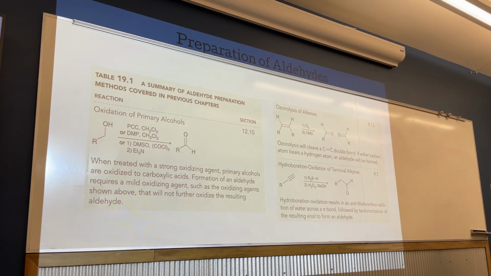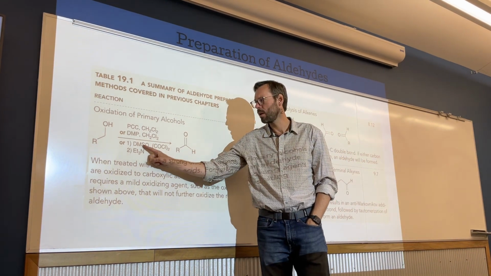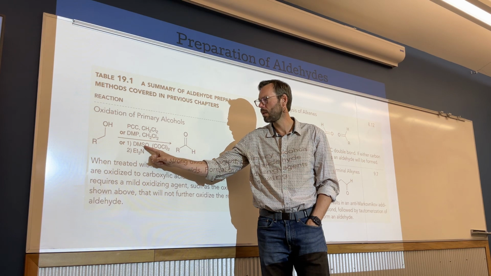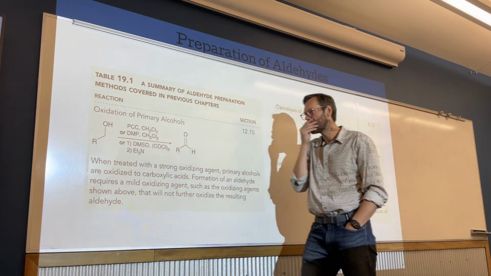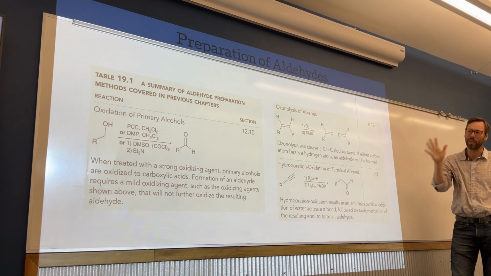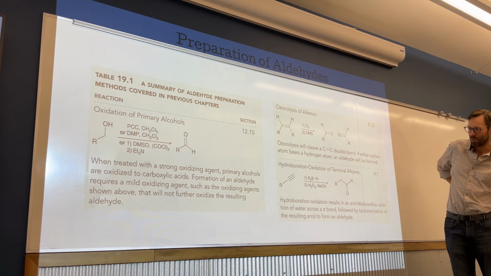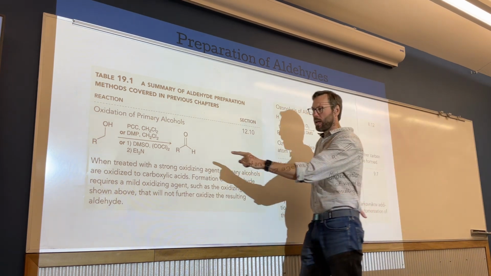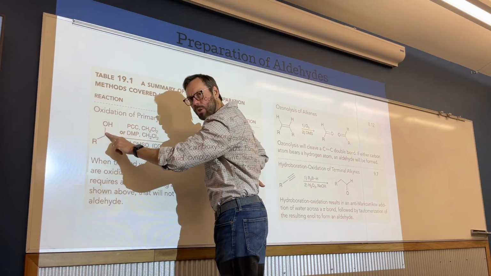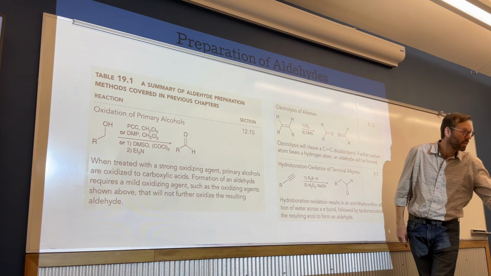DMSO is dimethyl sulfoxide. This is Dess-Martin something or other. Anyway, not gonna make you memorize what those acronyms are, but we use different tools and different starting material, but we're still oxidizing it.